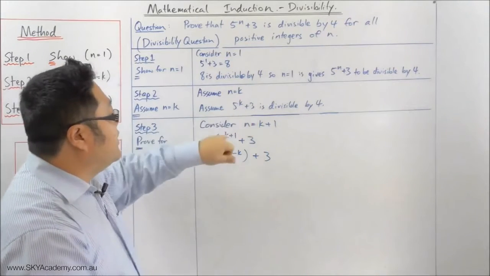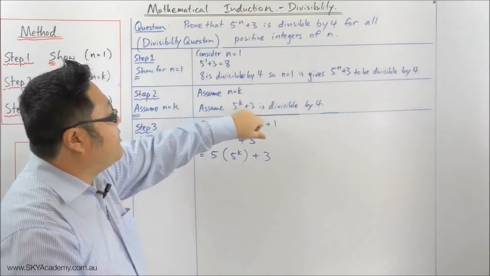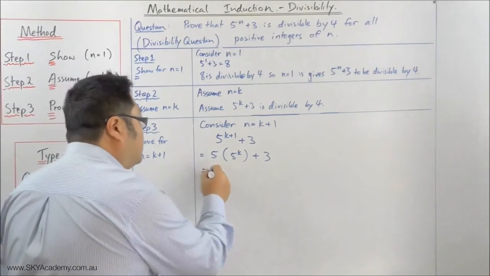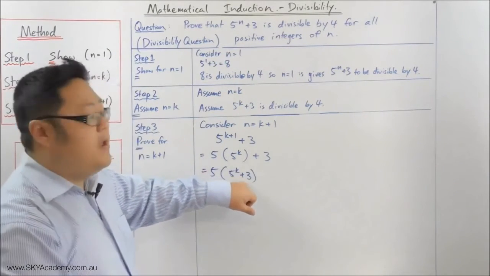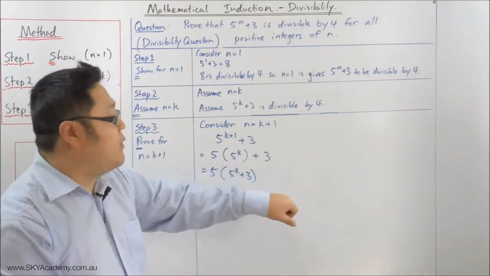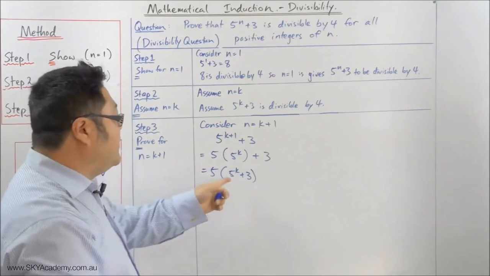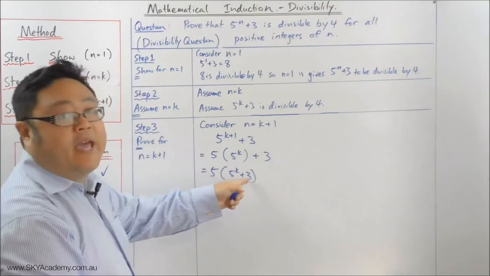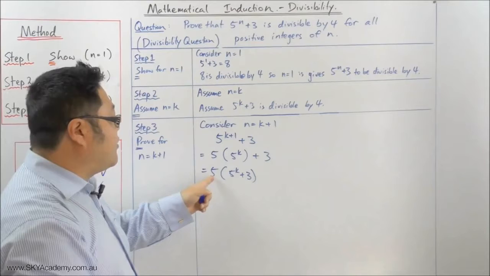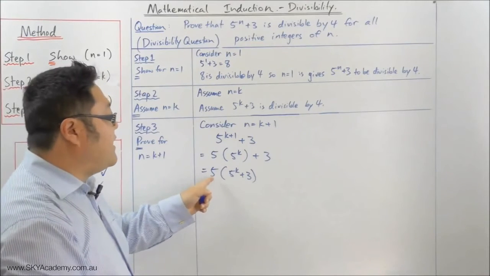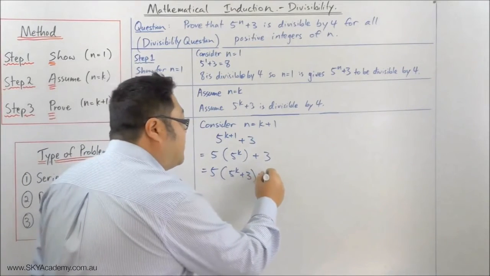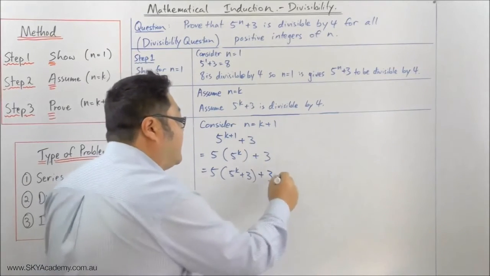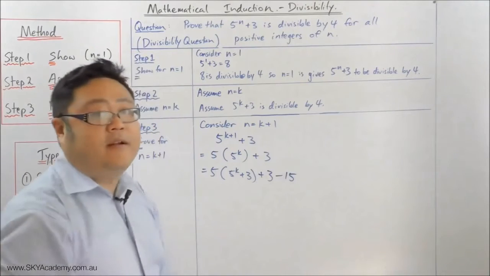What we're going to do is create 5 to the power of k plus 3 in there. So we're going to add 3 there, which means we're going to take 3 away as well. But before we take 3 away, we've got to recognize that we added that 3 five times, because we've got the 5 out the front. So we bring this 3 down here, and then we've got to take away 15. Do you see that?